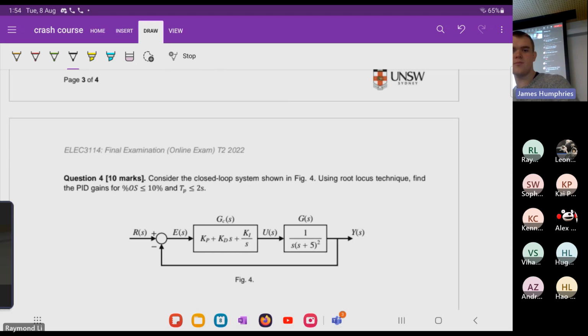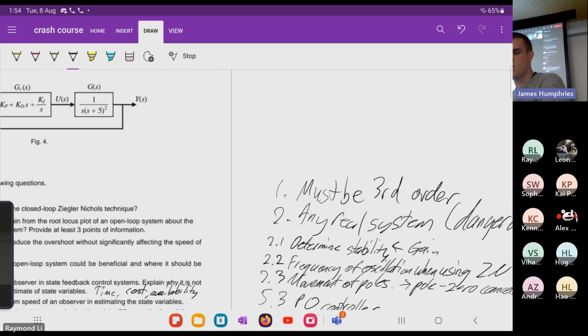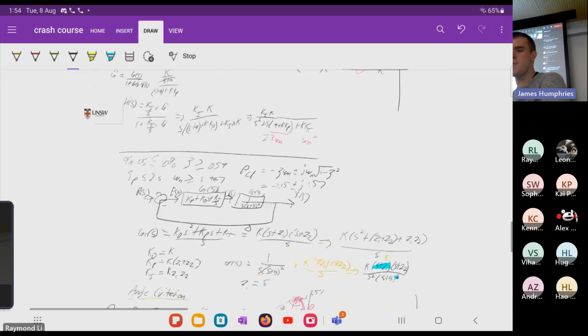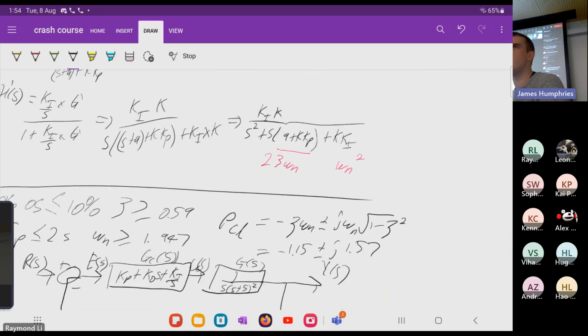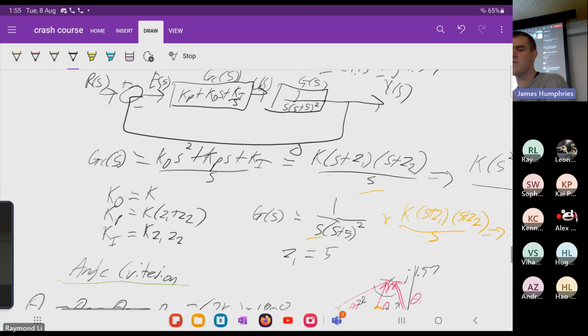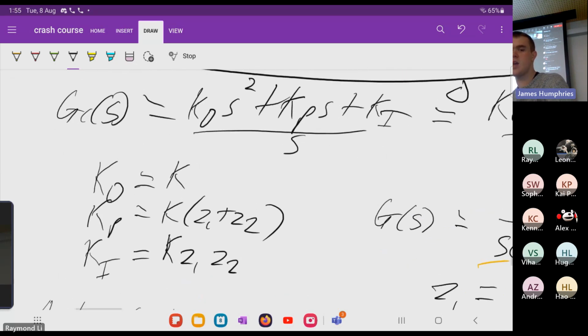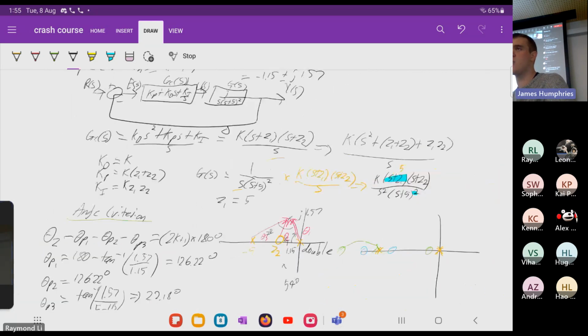You get some marks for getting the poles that you need at the very end. You get marks for understanding that you'll end up with this equation here of KD, KP, KI. That's what we're trying to solve for.